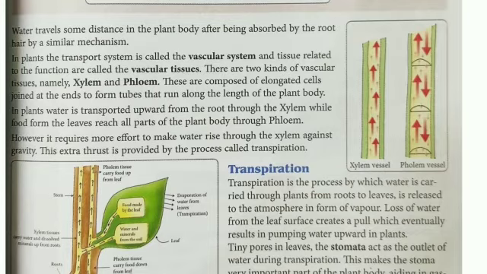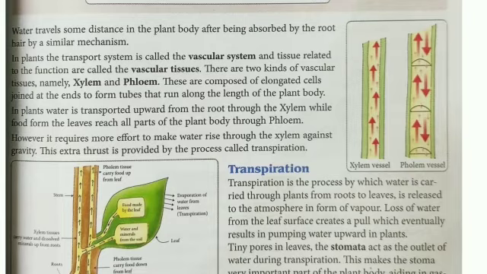This extra thrust is provided by the process called transpiration. और ऊपर में transpiration is also occurring in stomata. So, root pressure, xylem, vascular tissue, transpiration all helps in transportation of water up to the last leaf and food transportation through phloem.